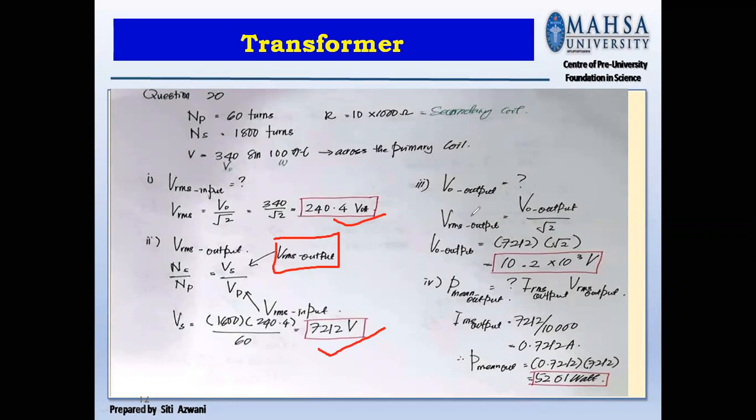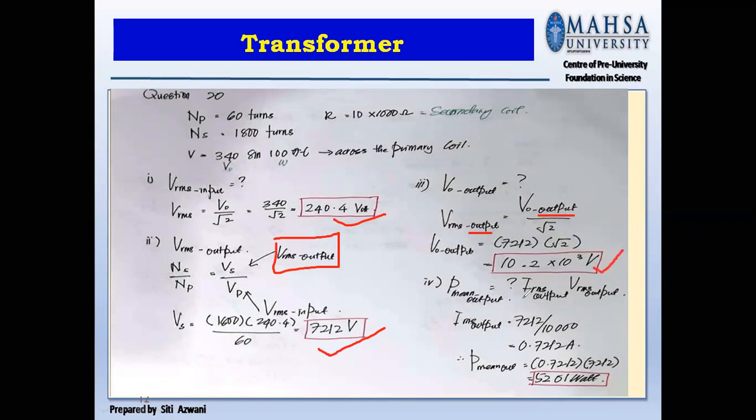So VRMS output equals V naught output divided by square root 2, and the terms must be the same: output and output. Then solve for the V naught output. You have VRMS output times square root 2, and you get 10.2 times 10 power 3 volt.